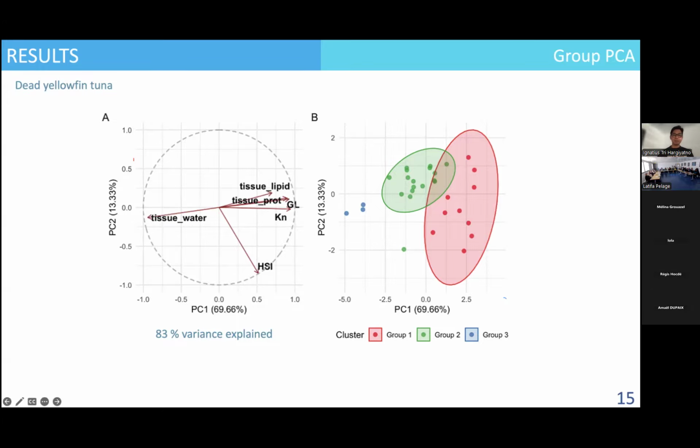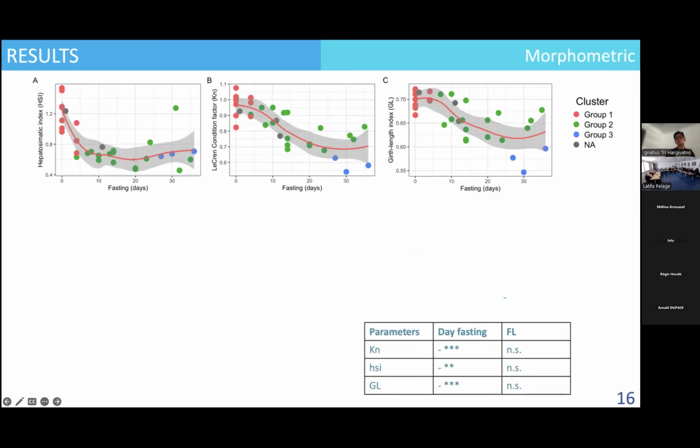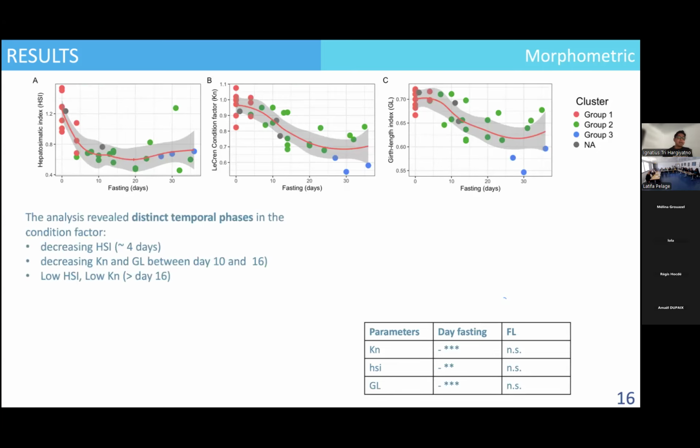Based on these groups, I tried to look at other physiological conditions, such as morphometrics. For the morphometrics, I analyzed the hepatosomatic index, Le Cren condition factor, and gut length index. All of them significantly decreased during the fasting experiment. The analysis also revealed distinct temporal phases in the condition factors.